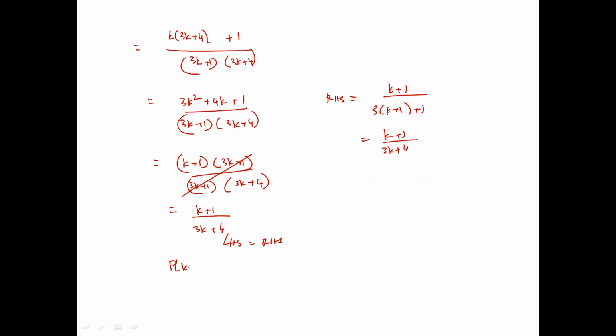That means P of k plus 1 is true. In the same way, P of n is true by the principle of mathematical induction for all n belonging to the set of natural numbers. You can write that.